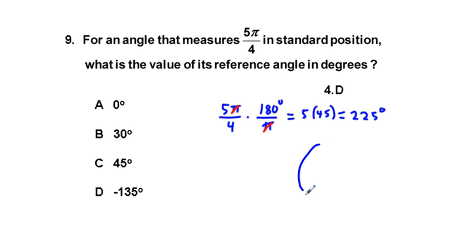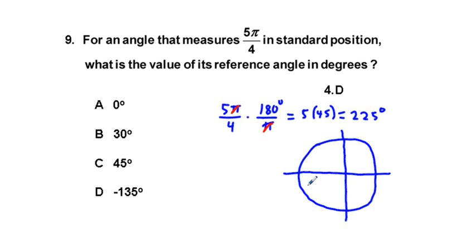And so we have, that's really a bad looking circle over here. Okay, so our 225 degrees is this thing right here. And we get our reference angle by dropping straight to the x-axis.